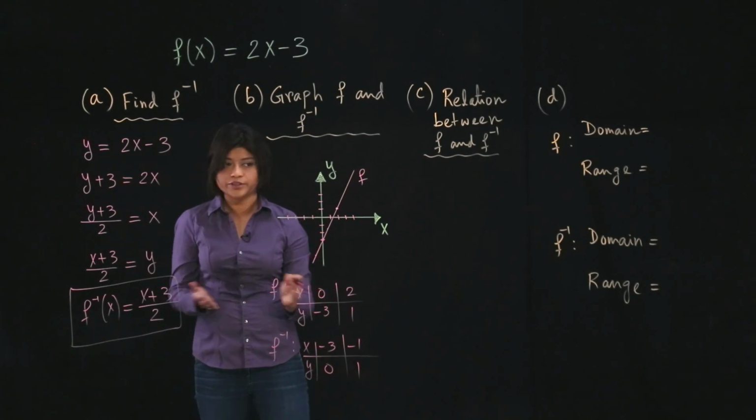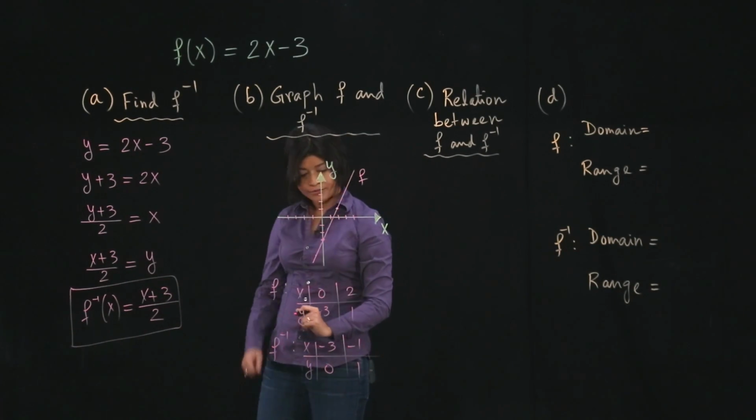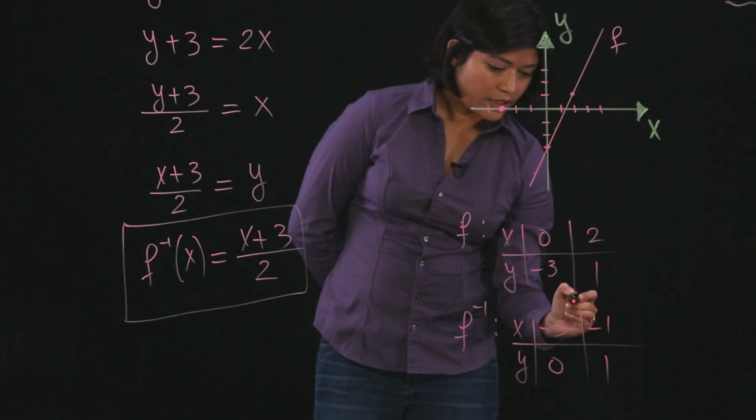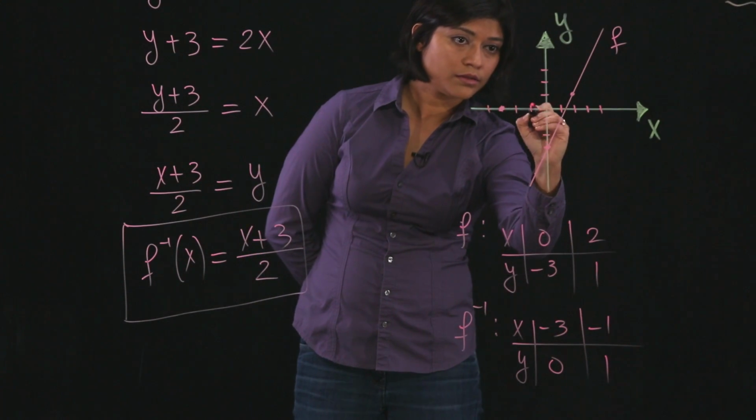Again, you can choose any 2 points. All right, let's plot them now. So we have (negative 3, 0) and (negative 1, positive 1).